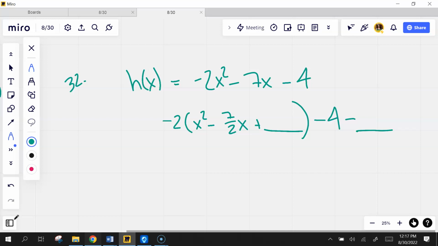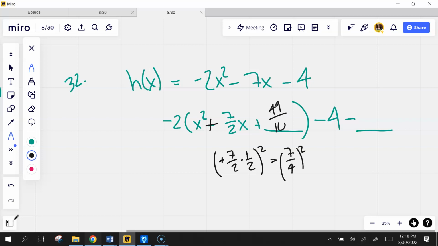Okay. All right, so now I need to find my good C, and to do that, I take half of the middle squared. Oh, it is positive, sorry, because I factored out a -2. Half of 7 is 7/4, so I've got 7/4 squared, which is 49/16.